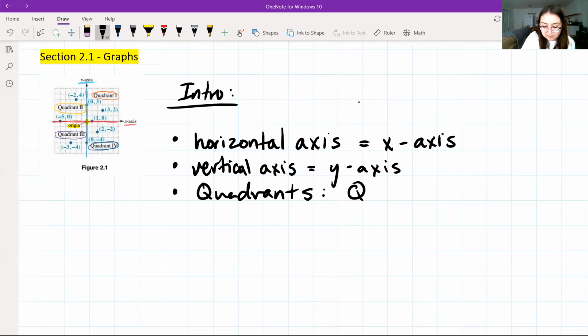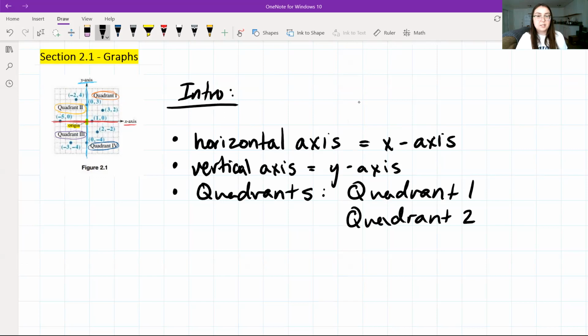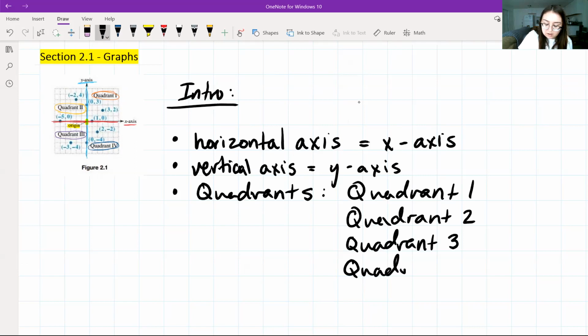Then we have our quadrants. So remember that's quadrant 1, quadrant 2, and you'll see that they're often depicted in Roman numerals. You could write them however you like. Quadrant 3 and quadrant 4.